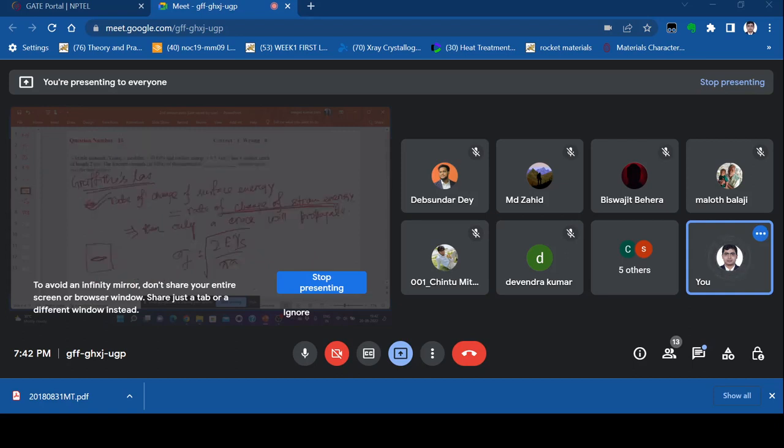This one. Someone told 97 point something MPa. You just have to put the values. 2E is there, 60 GPa, gamma s is given. A we have, sir, should we consider a as 1 or 2? Surface crack length. You have to consider half of the crack length if it is a through-thickness crack in the middle.